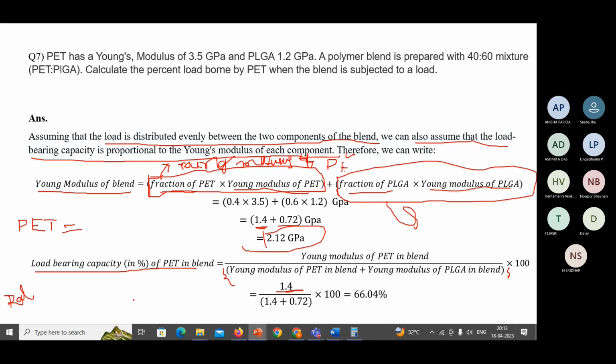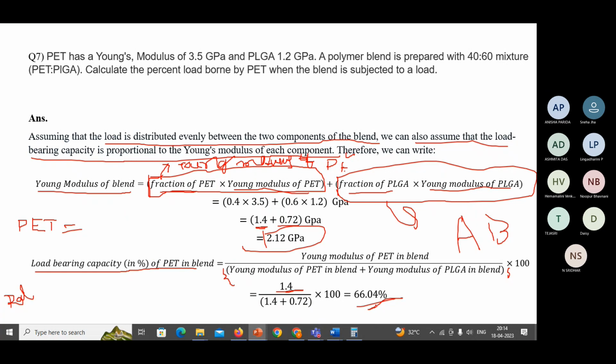Suppose there are two components A and B. The load bearing capacity of component A can also be written as the Young modulus of A divided by the Young modulus of the compound or the overall material. So from there, the value we get is 66.04.